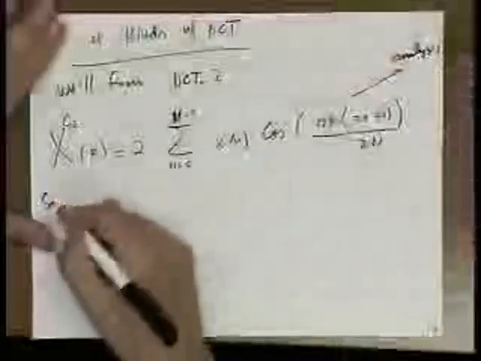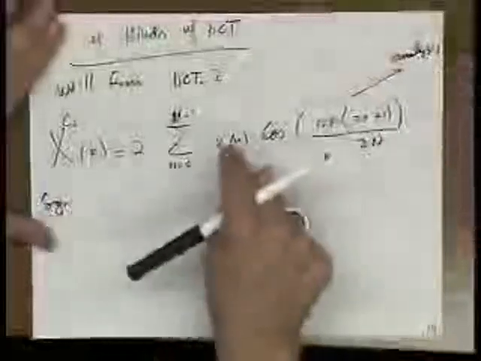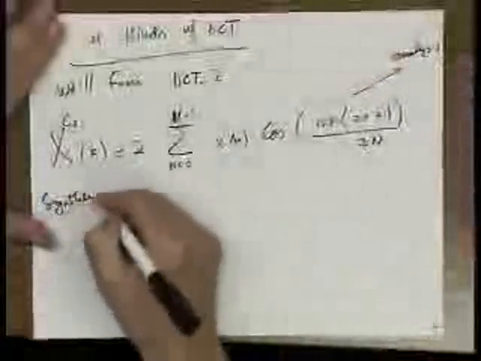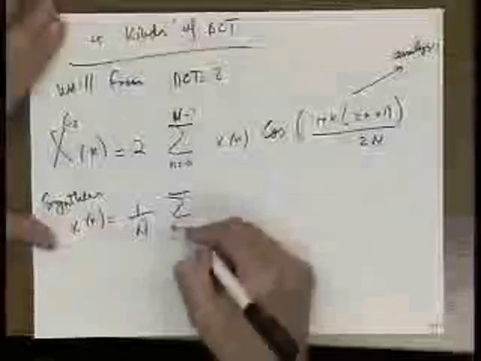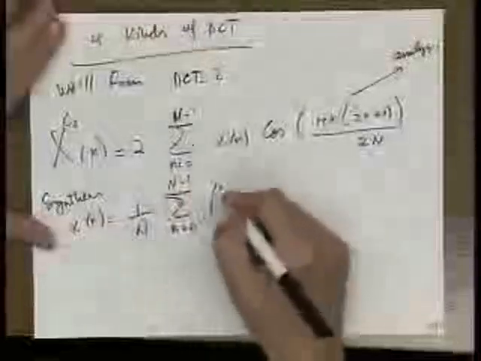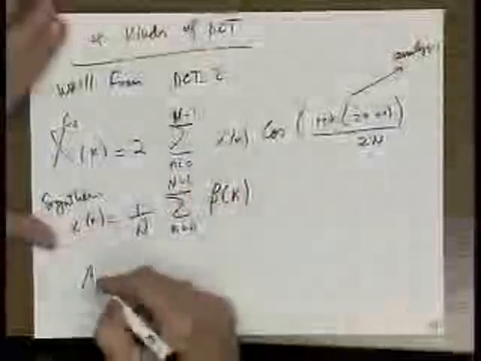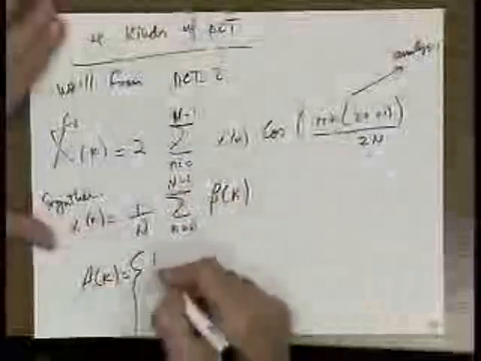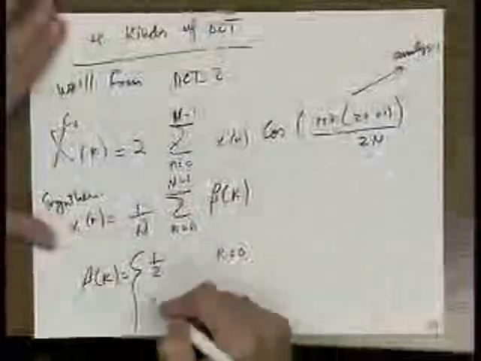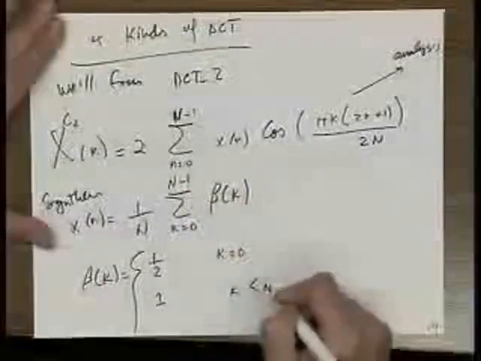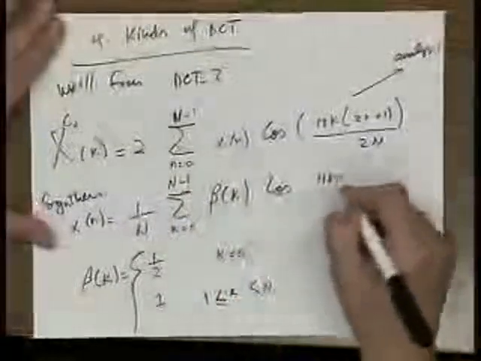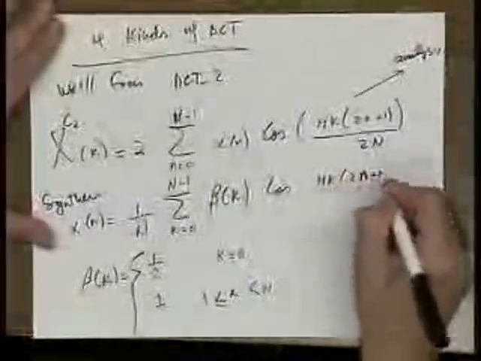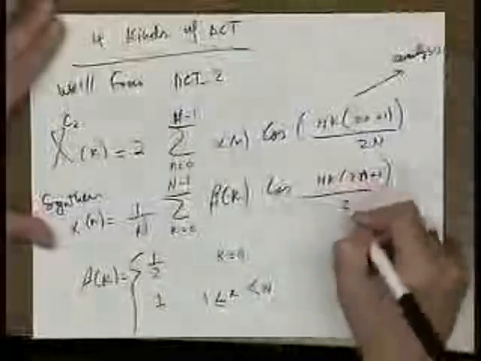And the synthesis part, which means how to get back x of n from the coefficients, is like this. You get x of n is 1 over N summation from k equals 0 to N minus 1. And there's this thing beta of k, and I define what beta of k is right here. It's half for k equals 0, and it's equal to 1 for k between 1 and N minus 1. So beta of k cosine pi k (2n plus 1) over 2N.